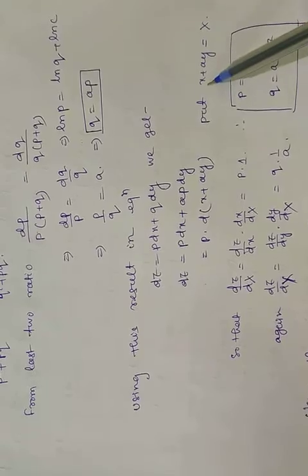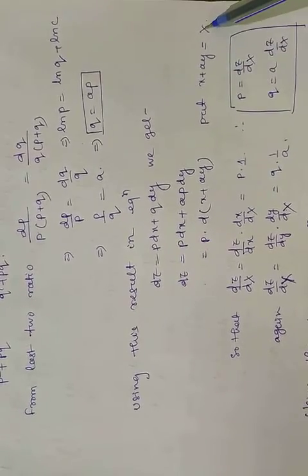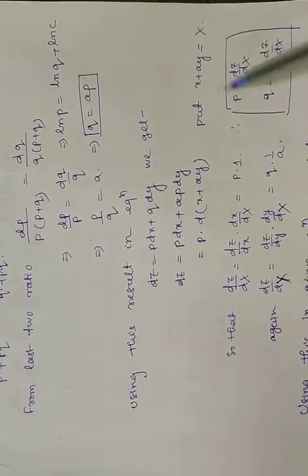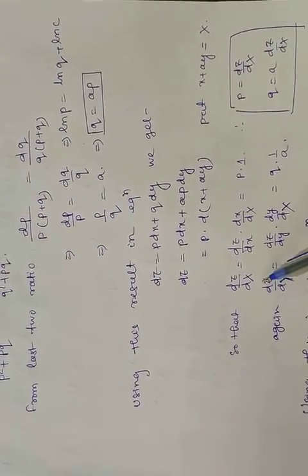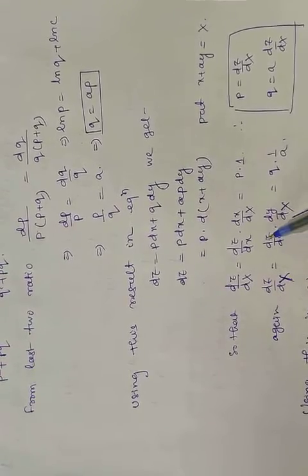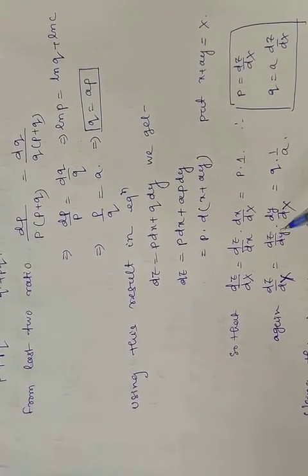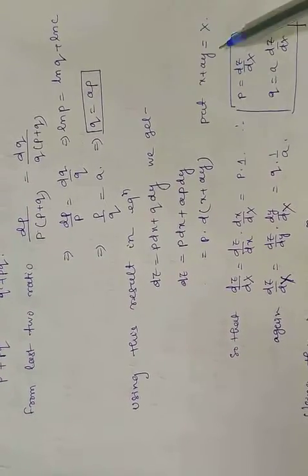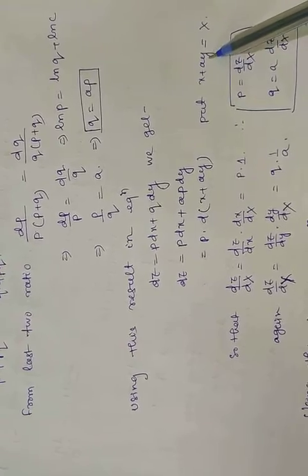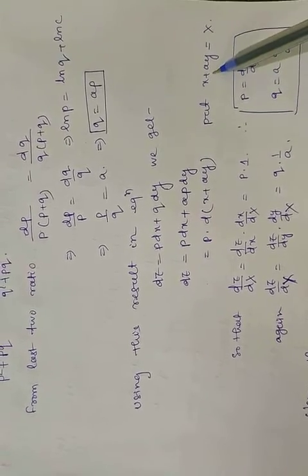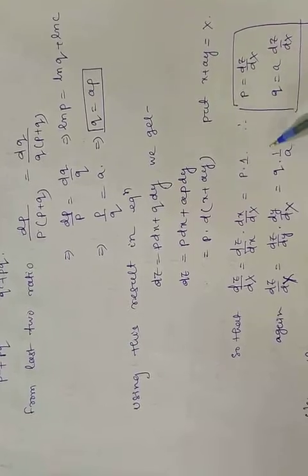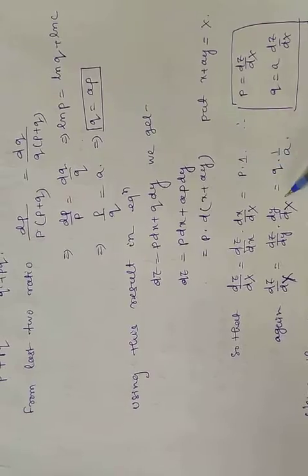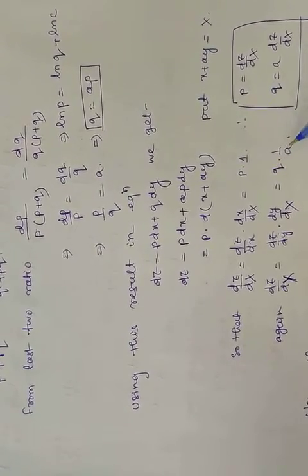The derivative of X with respect to y is a. Now again dz by dX can be written as dz by dy into dy by dX. Here dz by dy is q, and dy by dX is the reciprocal of the derivative of X with respect to y, which is 1 by a. So it is q by a.